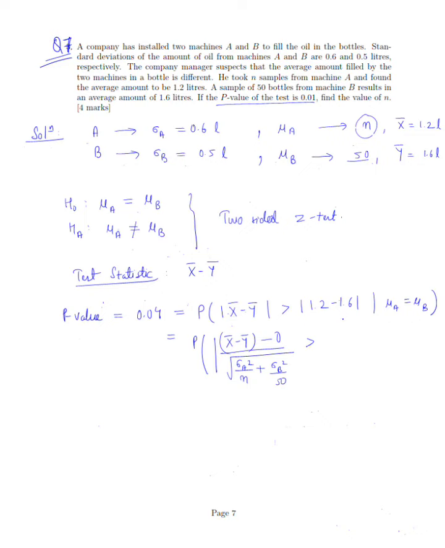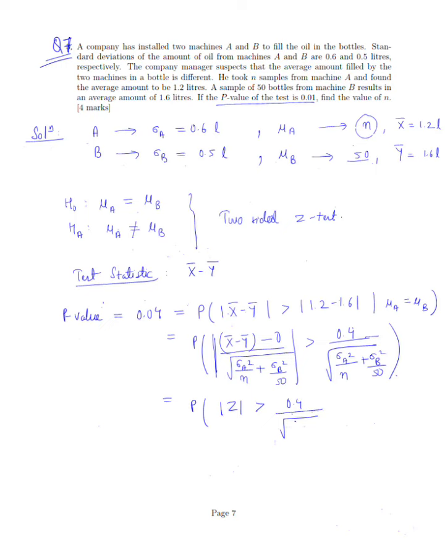The same thing we'll do on the right hand side. So open this, it becomes minus 0.4 divided by the square root of sigma A square by n plus sigma B square by 50. Now we know the term inside the mod is our capital Z. So you can write this as probability mod of Z is greater than 0.4 divided by, what is sigma A square?